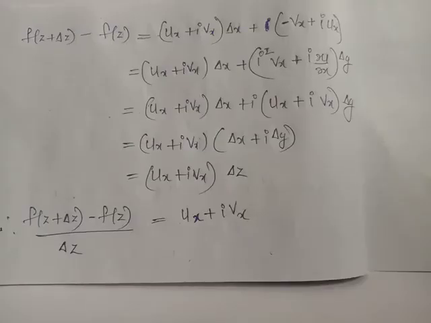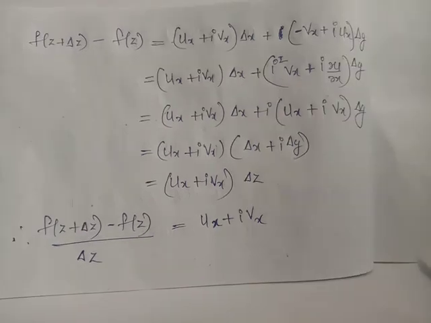Applying the CR equations, we have f of z plus delta z minus f of z given by ux plus i times vx into delta x plus minus vx plus i times ux into delta y. Note that all the partial derivatives on the RHS are expressed in terms of partial derivatives with respect to x.